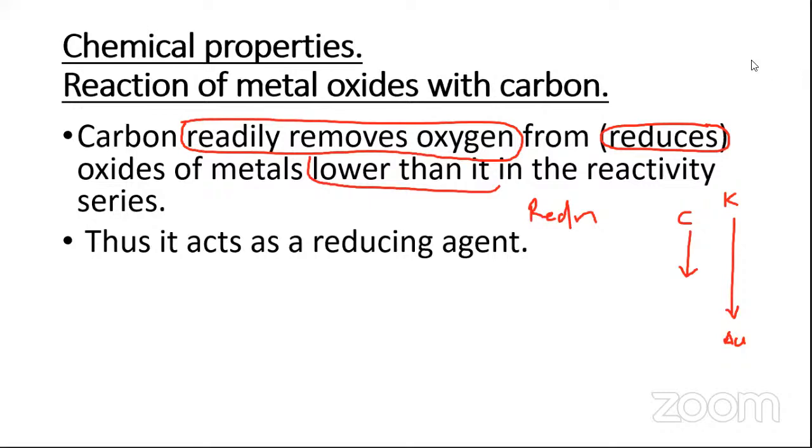I don't know what's wrong with my voice, but let me see what I can do. How many people are not hearing me well? So that we can rule out the option of network.